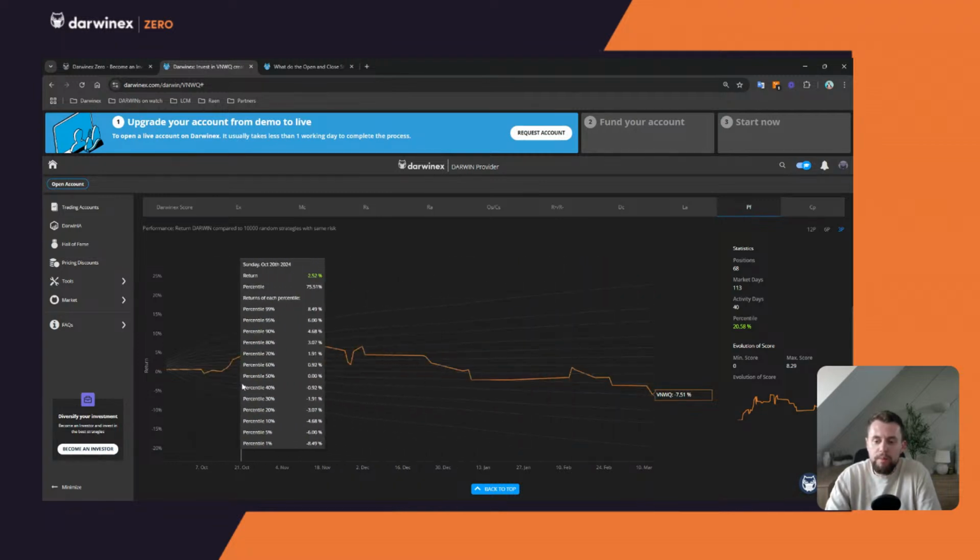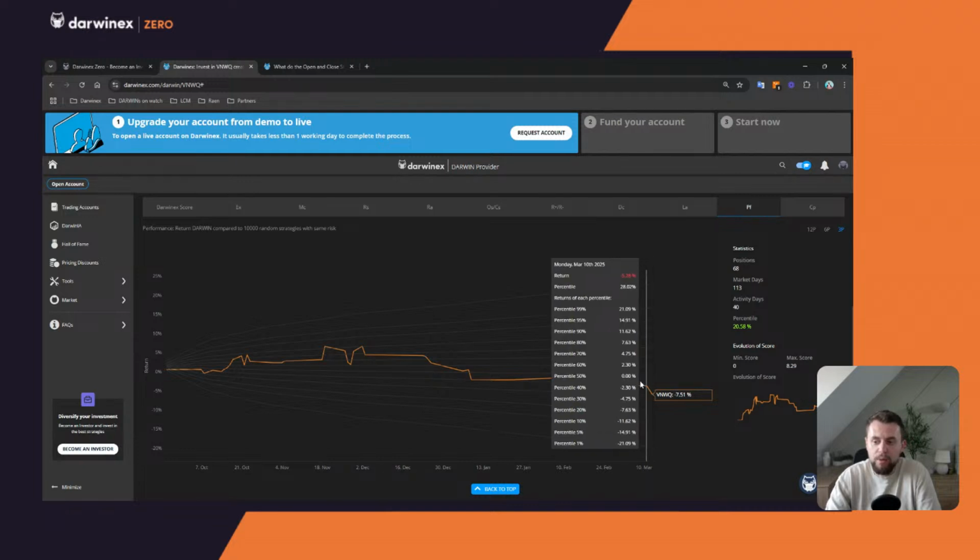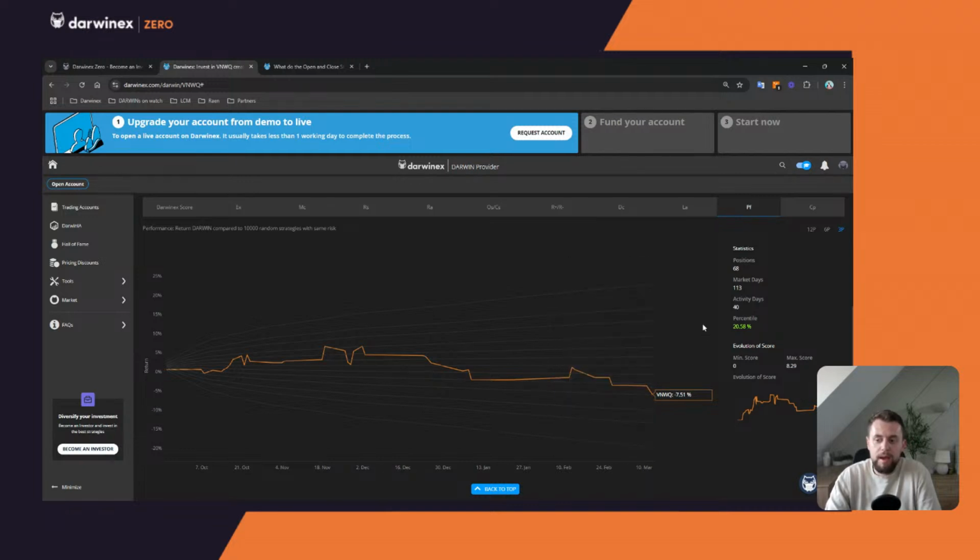Now, what I would be doing with this chart specifically is, as you move forward and make changes to your system, I would be checking how this chart reacts. It's going to be difficult for you because you don't take many trades, but for the guys who are a little bit more frequent, any change that you make, come back to this performance tab and you're going to get instant feedback to see if the changes that you made were the correct decision or not.